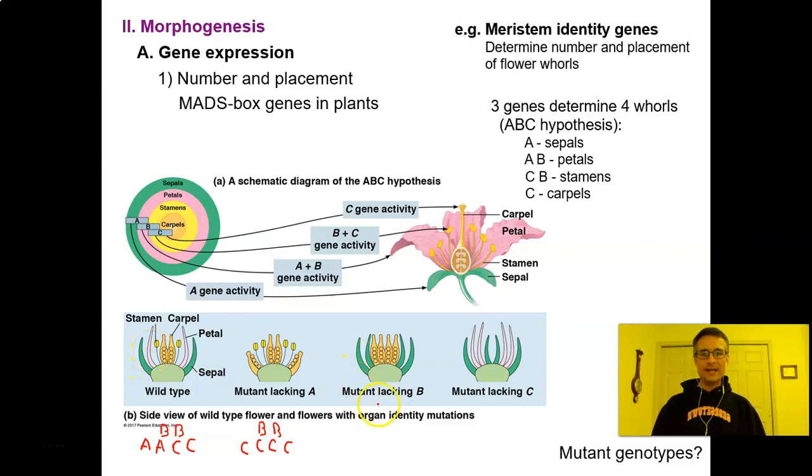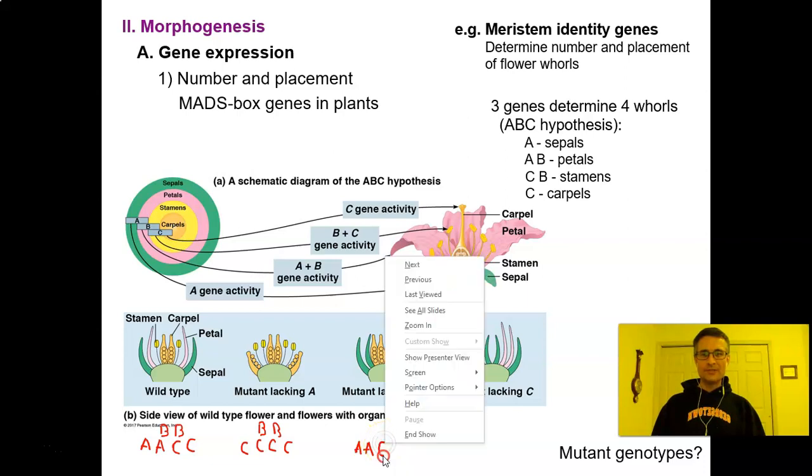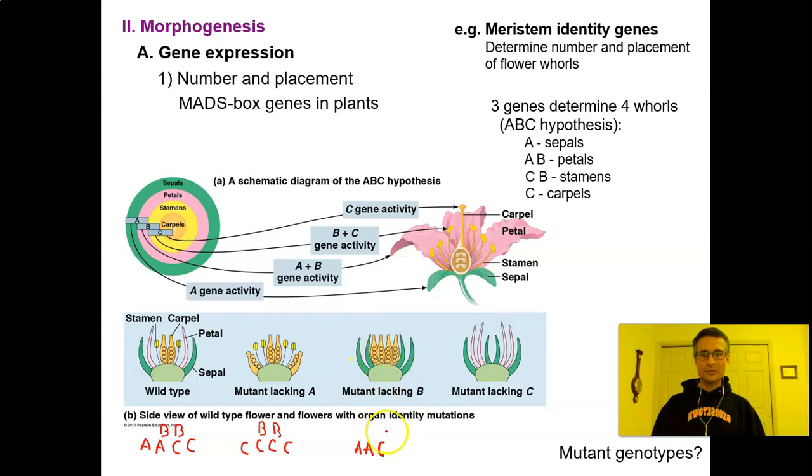If B is lacking, then we're going to start out with A, which is going to give us sepals as it normally would. We're going to continue with A, but no B is there, so we get more sepals. Then eventually A is inhibited by C, and when C is present, we get carpels, but there's no B. And finally, we have more C that gives us more carpels.